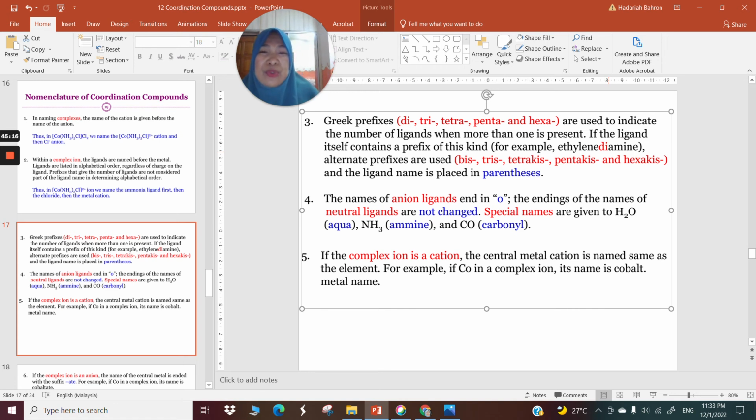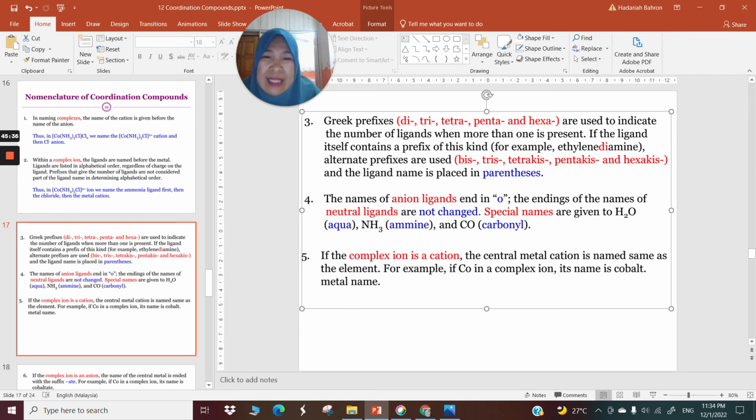You have to use an alternate prefix, which is bis for 2, tris for 3, tetrakis for 4, pentakis for 5, and hexakis for 6. So if there are two ethylenediamine, you say bis(ethylenediamine).